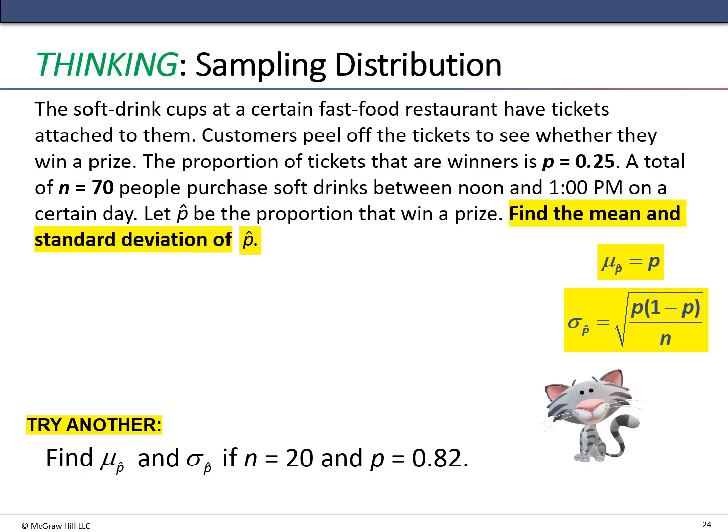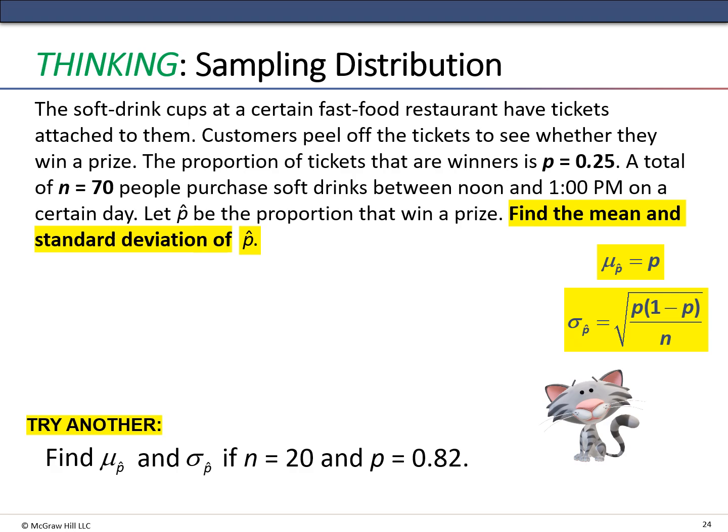So here are 2 different examples. Ignore the try another until you've done the first one, but I would suggest that you try these. Hit pause and try these problems and then come back. Alright, the soft drinks at a certain fast food restaurant have tickets attached to them. Customers peel off the tickets to see whether they win a prize.